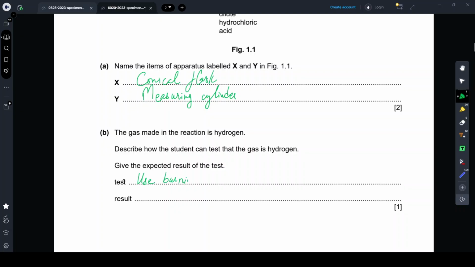You can use a burning or lighted splint, and the result would be a squeaky pop. Squeaky pop. We just learned popping sound.